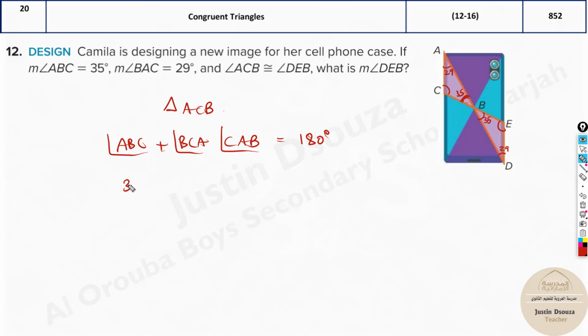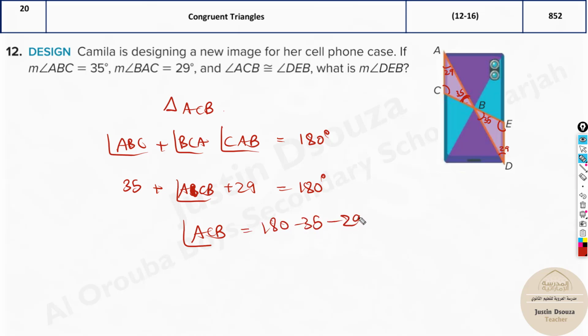We know ABC is 35 and BAC is 29. We don't know BCA, that is ACB, sorry. This is what is not known, but the sum is equal to 180 degrees. Now take everything to the other side and leave ACB here. So it'll be 180 minus 35 minus 29. You can put it in the calculator and get the measure of ACB.